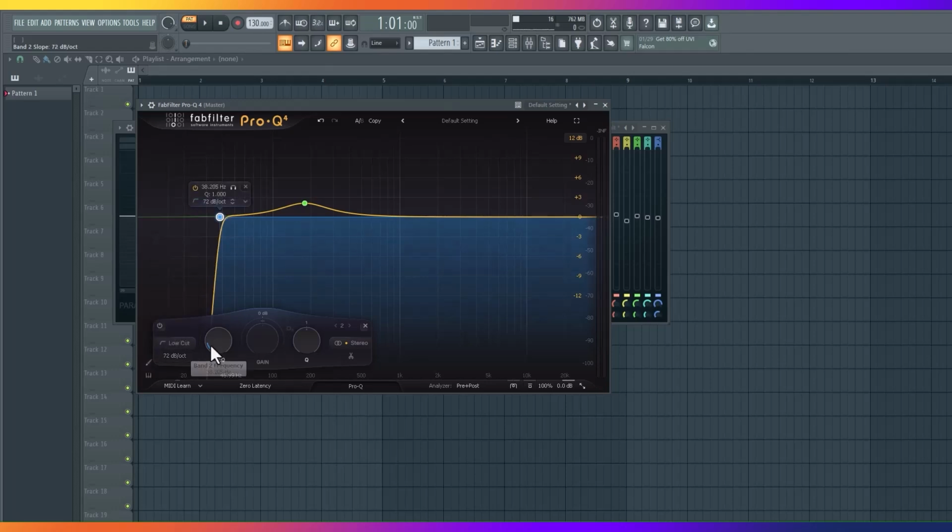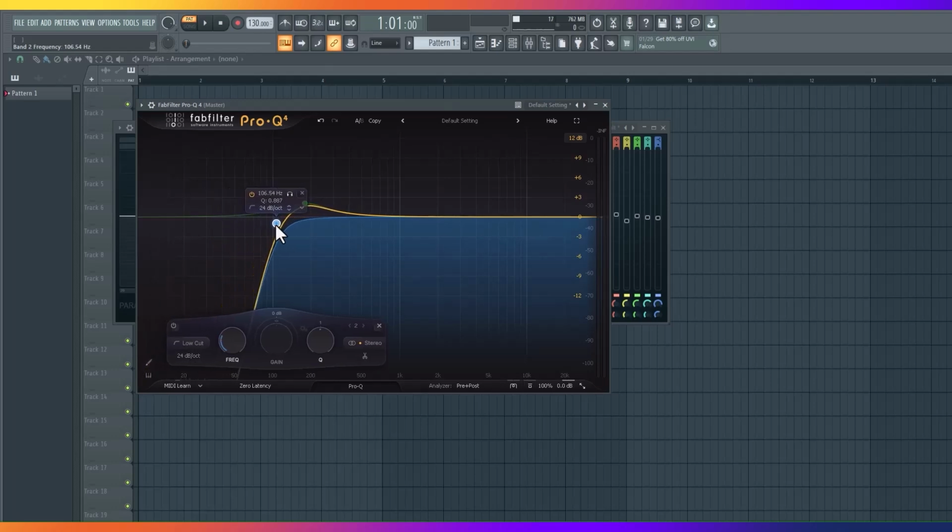The higher it goes, the higher the steepness becomes. If, for instance, we know we want to remove everything from 100 hertz and clear everything completely, then we need to make sure we are using a high slope. Hope you understand what I'm saying.